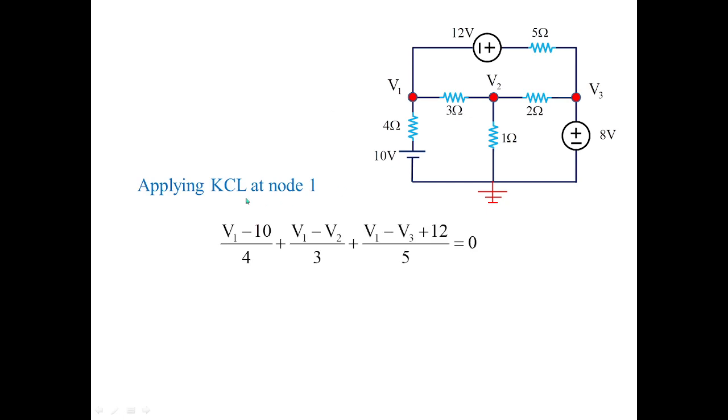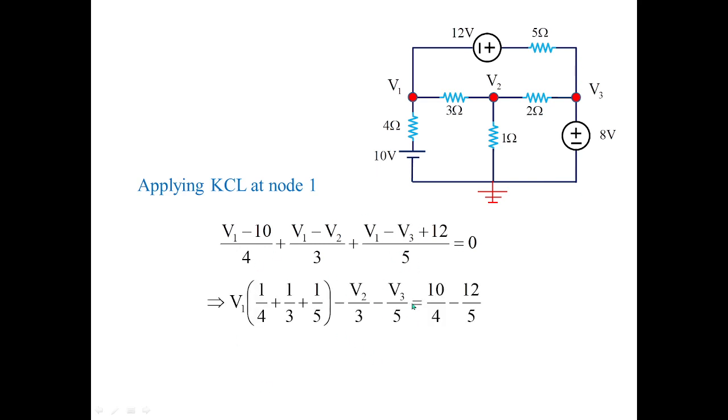Applying KCL at node 1, at this particular node you have (V1 minus 10) by 4, plus (V1 minus V2) by 3, plus (V1 minus V3) plus 12, which is towards V3, that's why it is taken as plus here, divided by 5, equal to 0. This is the current which we require in 5 ohms, the branch current. Remember this branch current equation.